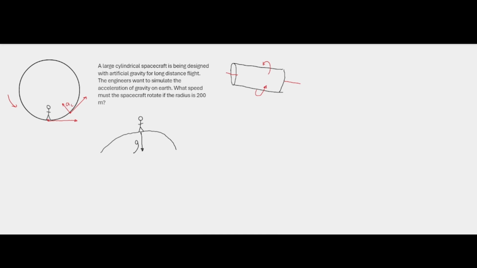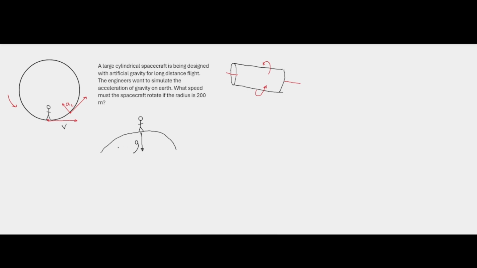So what I mean by that is what your body wants to do at this point, if there were no shell that was keeping you here moving along this circle, then if the shell disappeared and you were moving with this velocity, you would just go off in this straight line. So the shell is making your body turn, and that acceleration that you're feeling towards the center of this circle can be the same as the acceleration that you feel that's pulling you down towards Earth.